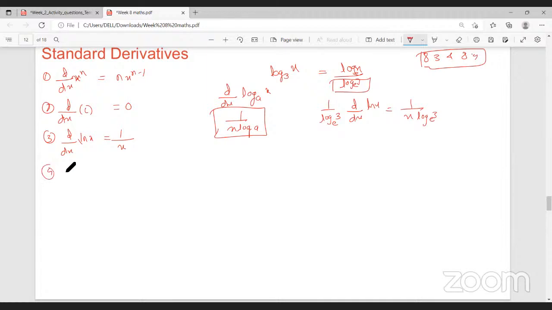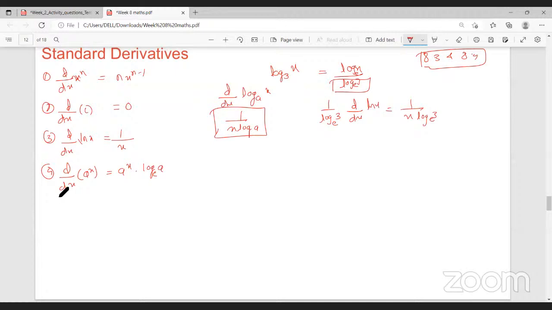So what is the derivative of a to the power x? It is a to the power x log a. Sir, how to derive this one? Just consider y equals a to the power x.